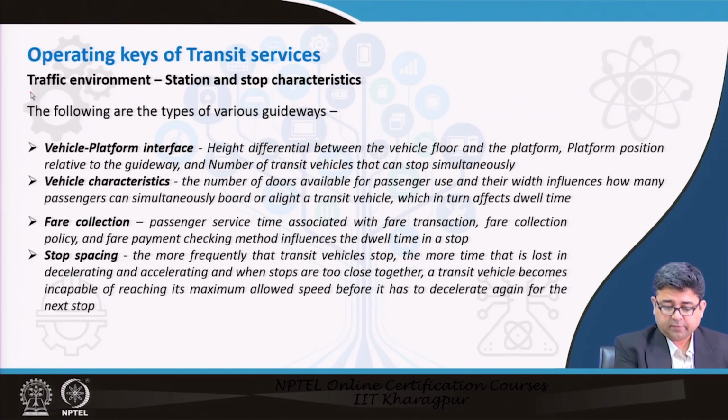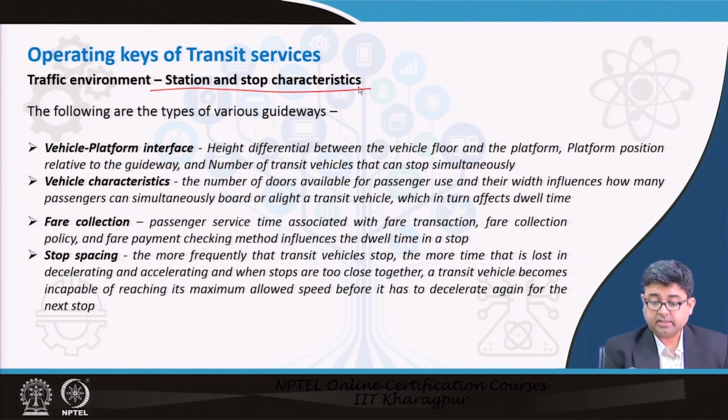The next type of environment that impacts transit services is the station or stop characteristics. Sometimes you do not have a station, meaning at least a platform, whereas stops mean you just have a sign saying this is a bus stop. So, these types also impact your transit services.